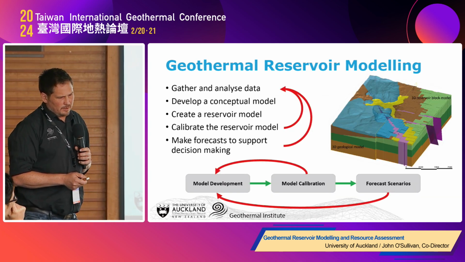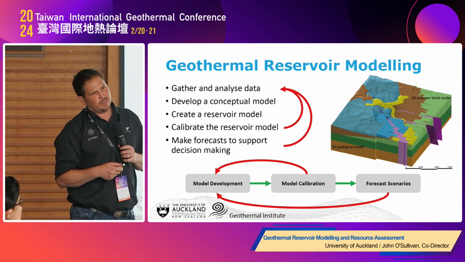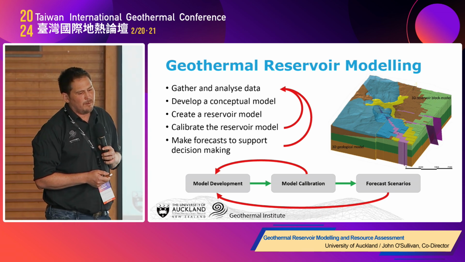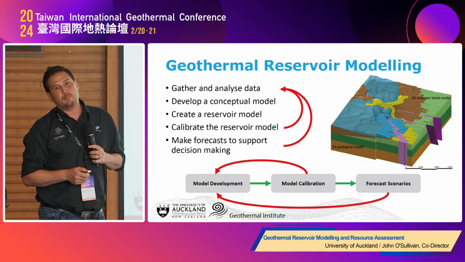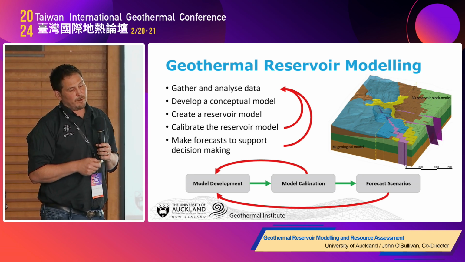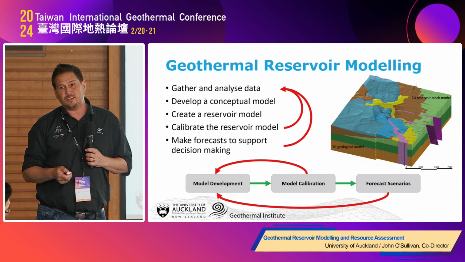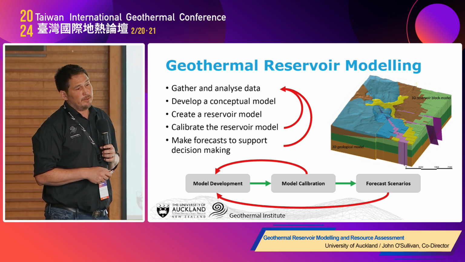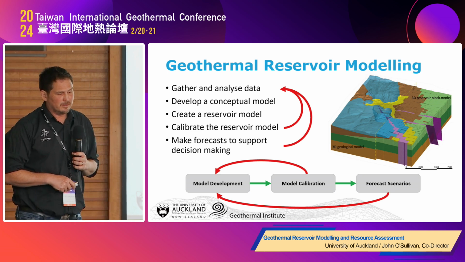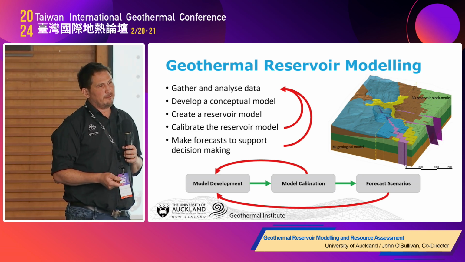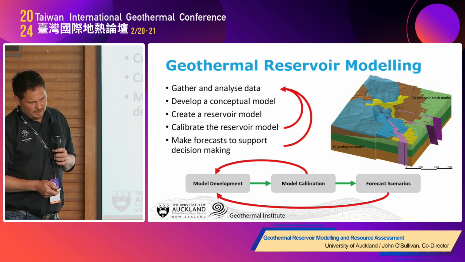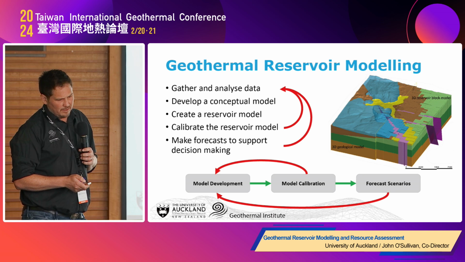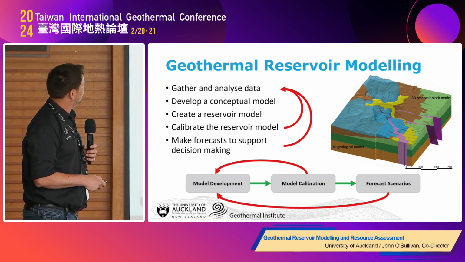There are several steps in doing geothermal reservoir models. We need to gather and analyse all the data. We need to develop a conceptual model that represents our understanding of how the system's behaving. Then we need to create a reservoir model, calibrate the model, and make forecasts to support our decision making. These steps are iterative.